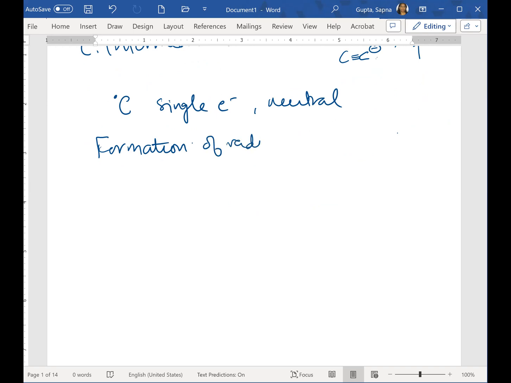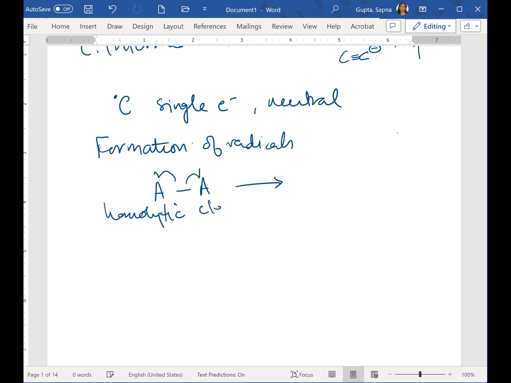Formation of radicals happens, if you remember, from homolytic cleavage. So we talked about this like way before, like in chapter 6, when I was talking about the carbon intermediates. That's when I mentioned that you have 2 kinds of cleavages, a heterolytic cleavage and a homolytic. I'll write both of them. How is that? Okay. So this one here is the homolytic cleavage.